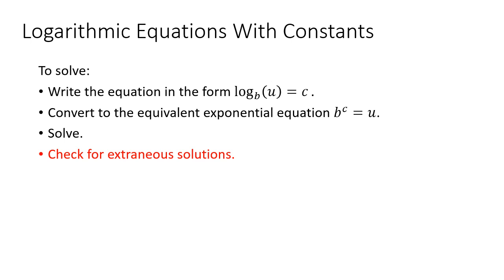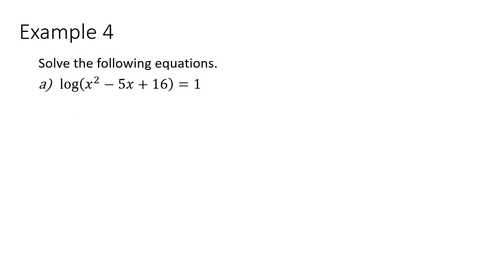So let's take a look at some examples of logarithmic equations with constants. In part A of example 4, we've got common log of x squared minus 5x plus 6 is equal to 1. And again, so common, students will just take this and write x squared minus 5x plus 6 is equal to 1. Do not do that.